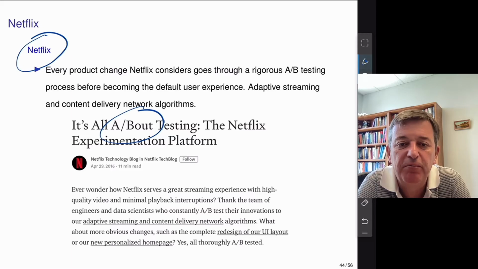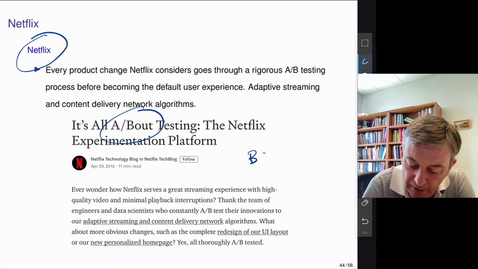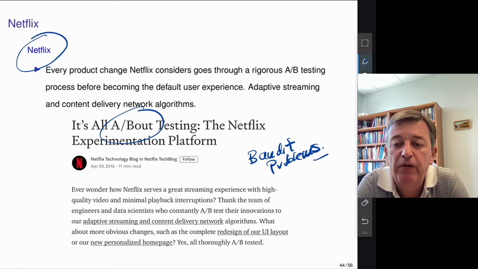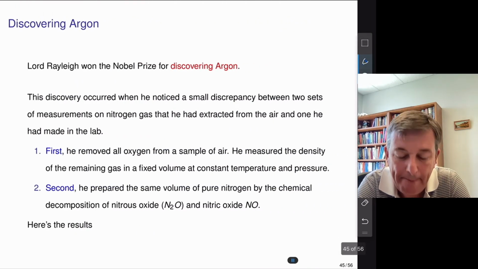Everybody's always trying to improve user experience, and deciding what to show in front of you is important. The modern day version of this is something called bandit problems. When you've got more than one or two options, and you're doing things sequentially in time, there's something called Thompson sampling and bandit problems. Again, a very interesting area.